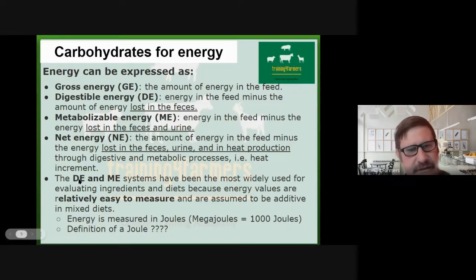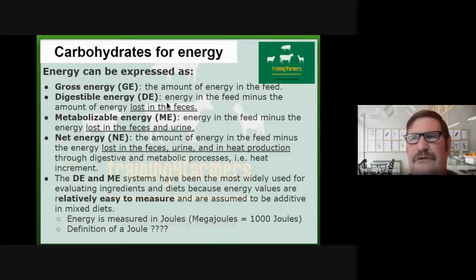The digestible energy and metabolizable energy systems have been most widely used. Actually, the database that we're going to use for our feed ingredients gives both of them in most cases. The only time that you would not be using ME is when you're working with roughages, like in dairy or ruminant feeds, or high fiber diets.